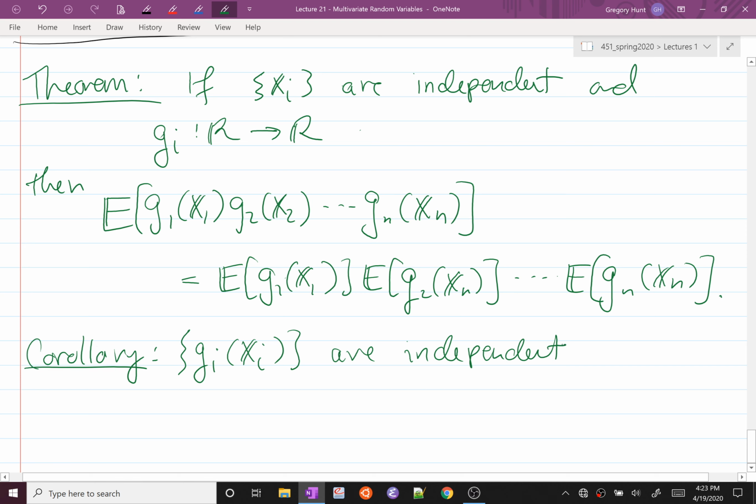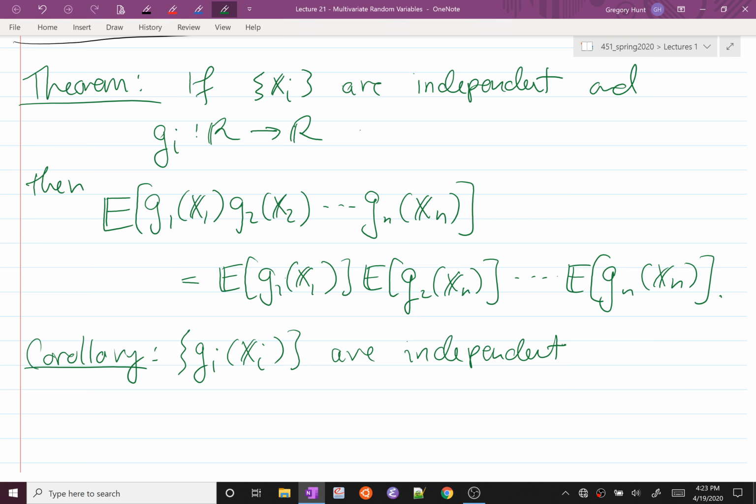So instead of working with x sub i's, I could transform each of the x sub i's into some g sub i of x sub i, call it y sub i if you want. Those are all actually independent. We saw the same thing in the bivariate case, where if I had a function of x and a function of y, and x and y are independent, then the function of x and the function of y are also independent. That's just a generalization of the same thing.